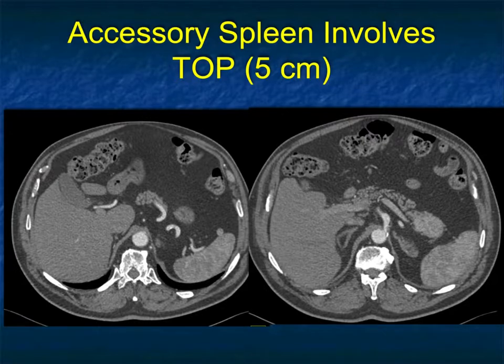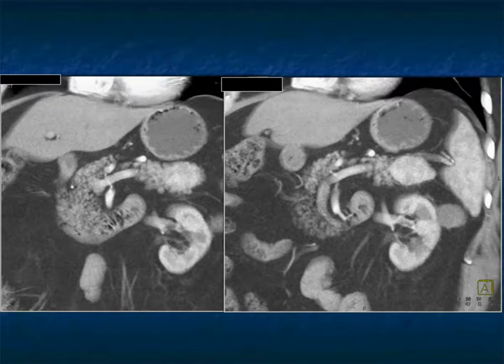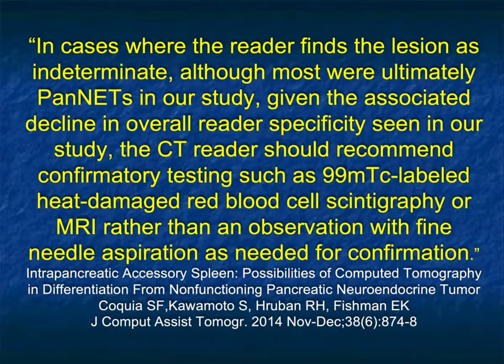I don't think you would think about autoimmune pancreatitis, but if you look at the enhancement, it's identical to the spleen, but it's really large and it's really inseparable from the tail of the pancreas. So you can understand why everybody was concerned this could be a neuroendocrine tumor, but as you look carefully, particularly the image on the right, it's really identical in appearance to the spleen, and so this was an accessory splenule.